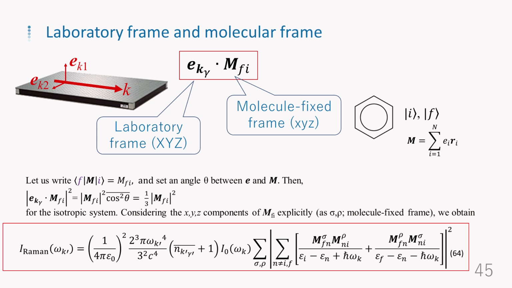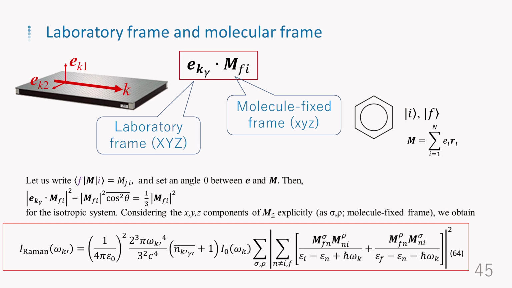And this small xyz frame can be made identical by considering three angles, so-called Euler angles.